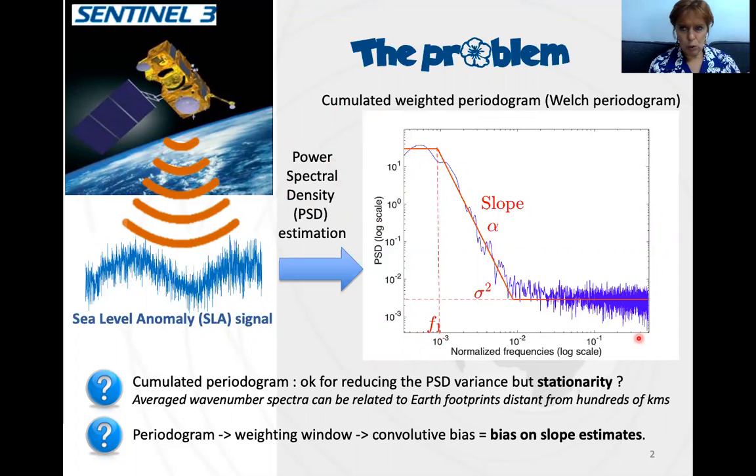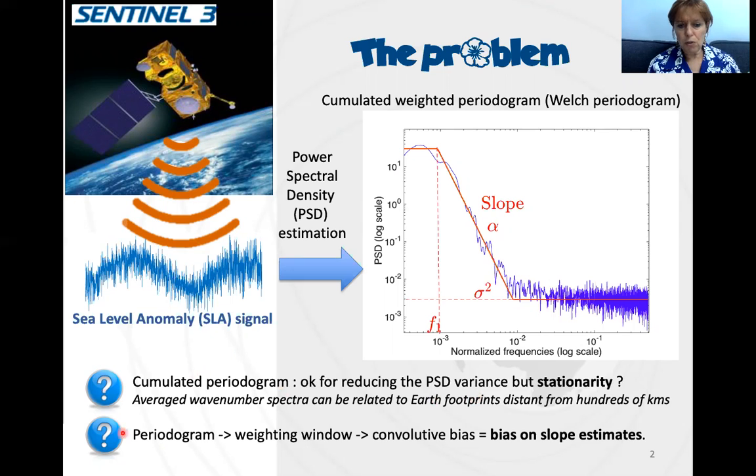This raises two questions. First, using a cumulated periodogram means averaging several spectra, which is good for reducing the variance of the PSD, but the corresponding SLA segments can be related to Earth footprints distant from hundreds of kilometers. How can we guarantee that SLA is stationary? I mean that the different SLA segments whose PSD are averaged have the same slope.